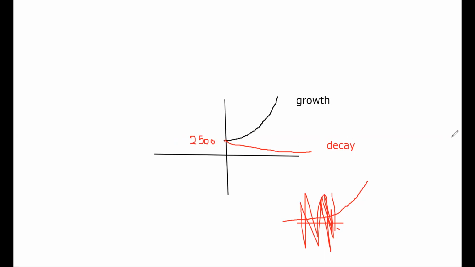What about the range? In the growing model, we started here and went to infinity. But here, I started here and I'm going to negative infinity. So is y greater than or equal to this number? If it's greater than or equal, it's going up. But actually, no, y is less than or equal to this number.